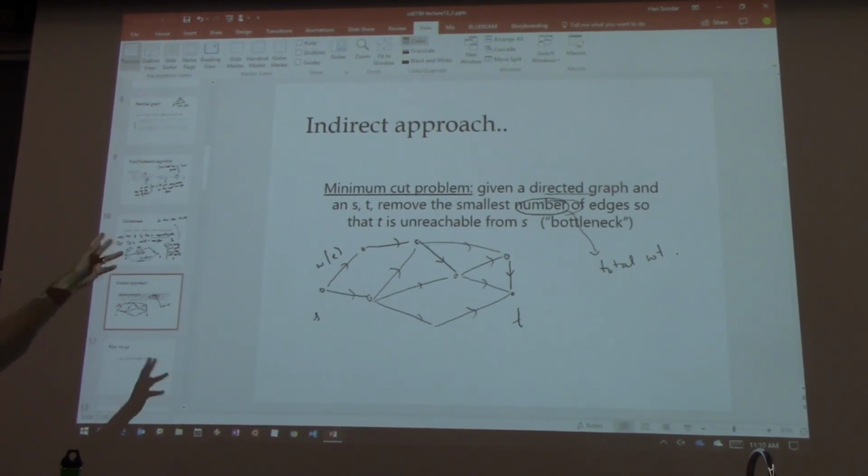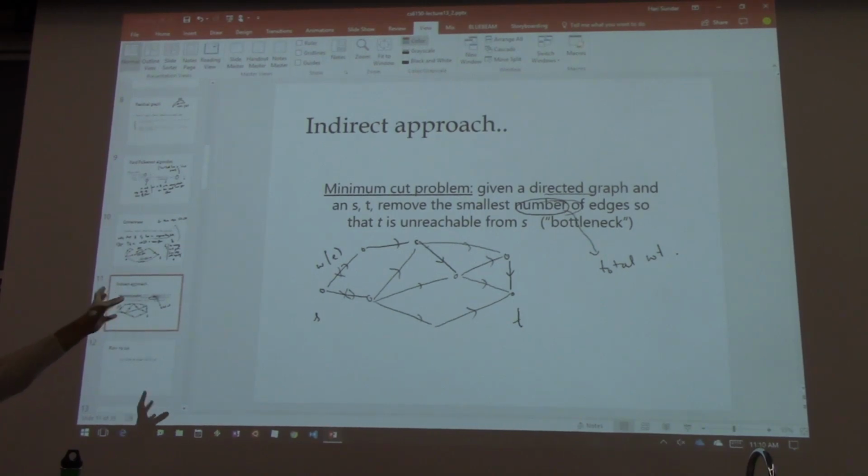Every edge has some weight. In this case, I could decide to remove this guy and this guy. And the goal is to disconnect S from T. So in this sense, it's similar to what we had before, right? Our goal is there should now be no path from S to T. So that's the goal in this problem.